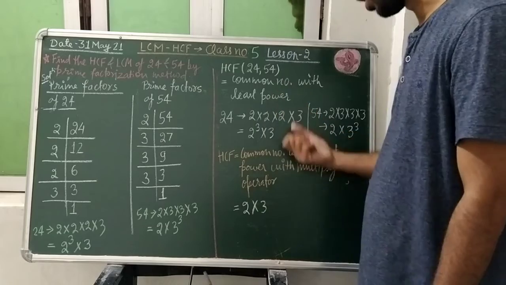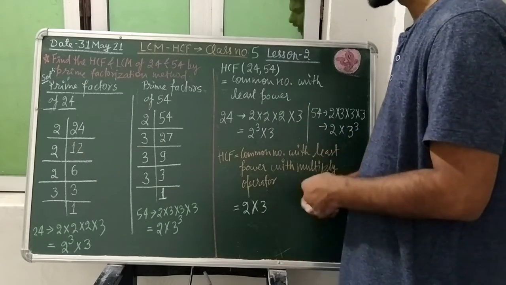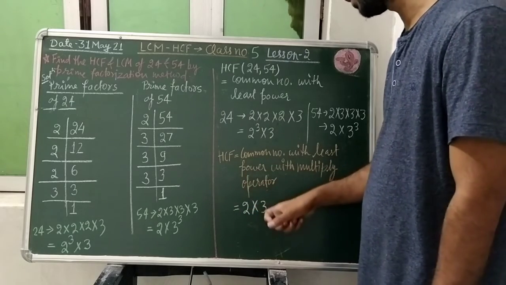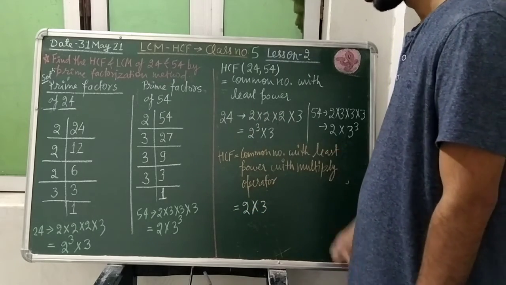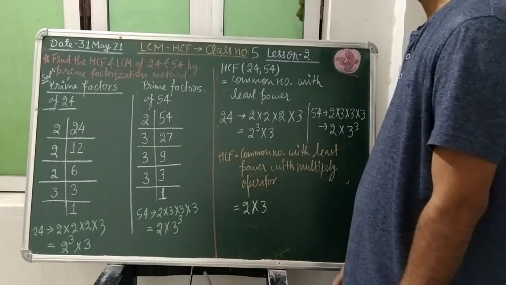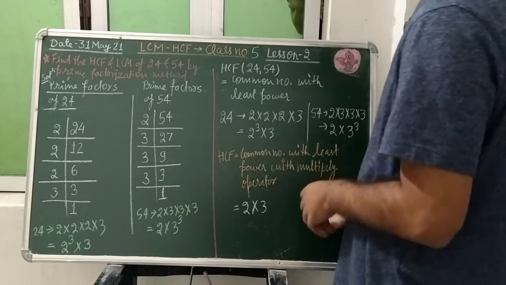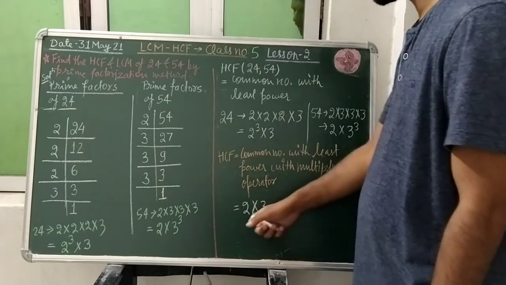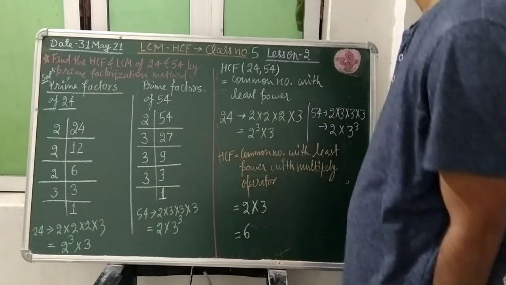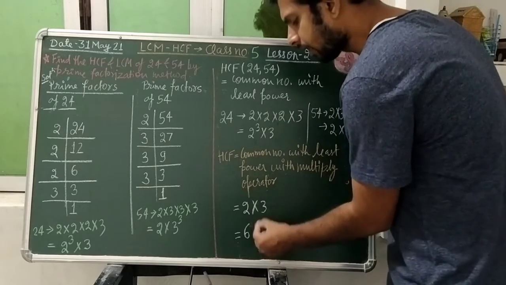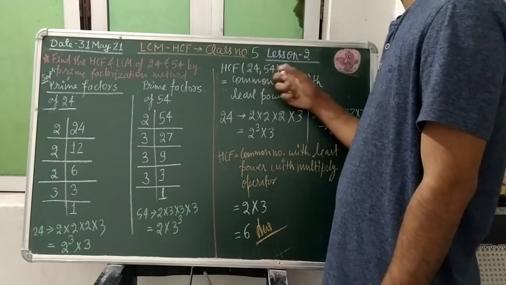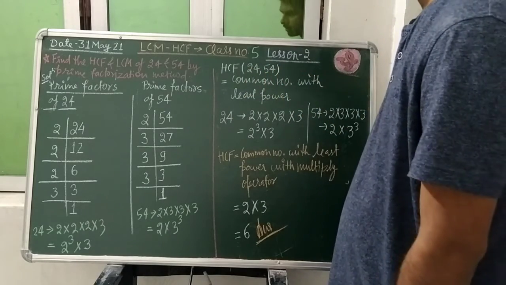Now the power 1 we will not write. It is understood that if 2 is written, its power is 1. If 3 is written, its power is 1. So for HCF, the common number with least power, we have applied the rule here, and we are getting 2 into 3. So 2 into 3 is 6, and this 6 will be the HCF of 24 and 54 students.